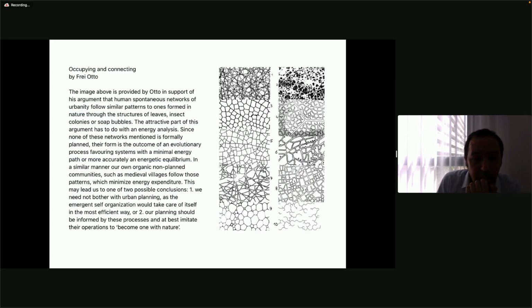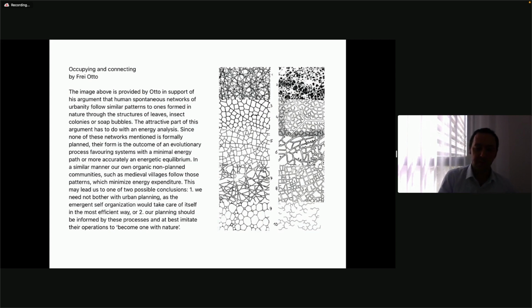And you can go beyond, because, for example, Frei Otto, the great German architect, studied this kind of tissue and found that maybe one of the explanations is that these urban fabrics are the result of systems that use very little energy.